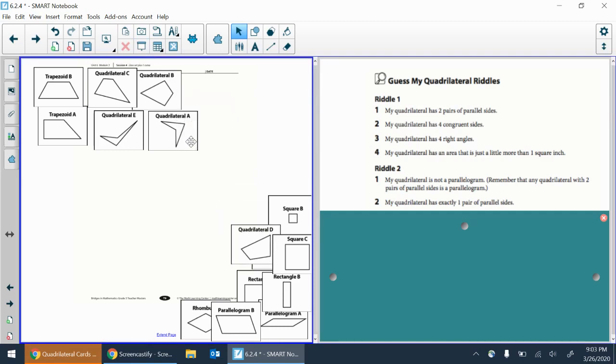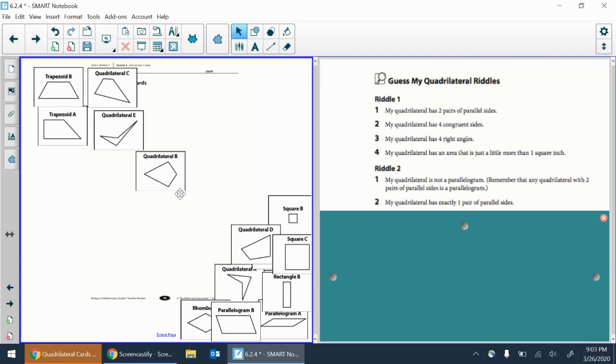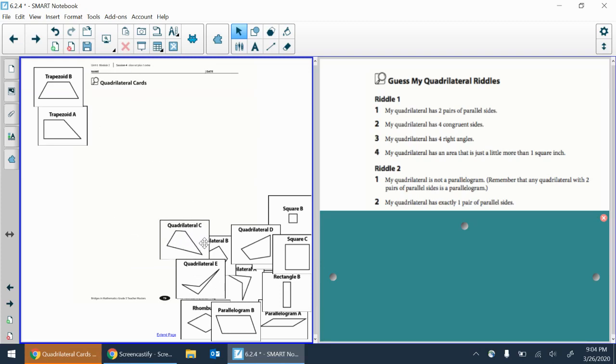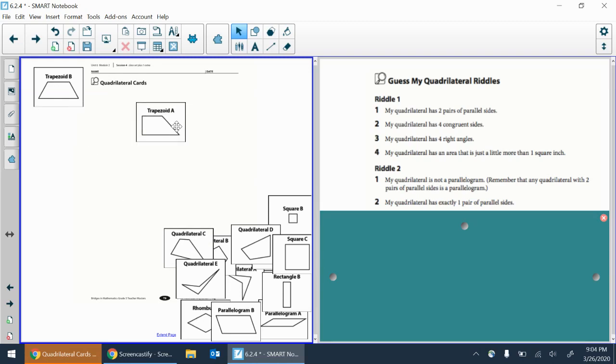How about quadrilateral A? No parallel sides. That's not going to work. This one does not have any parallel sides. Does not have any parallel sides. I want one pair, exactly one pair of parallel lines. So that leaves me with trapezoid A and trapezoid B. It's got to be one of these two.